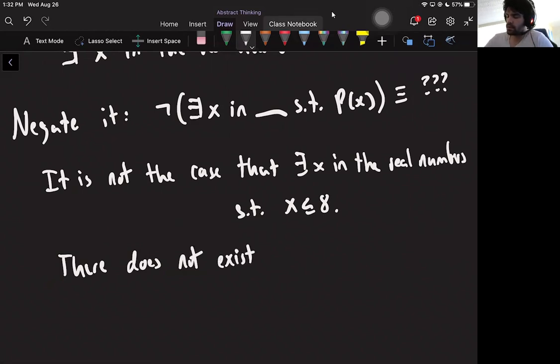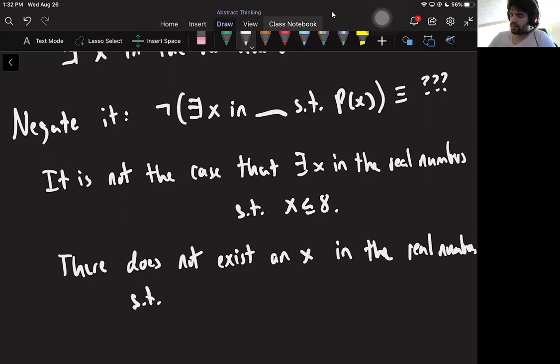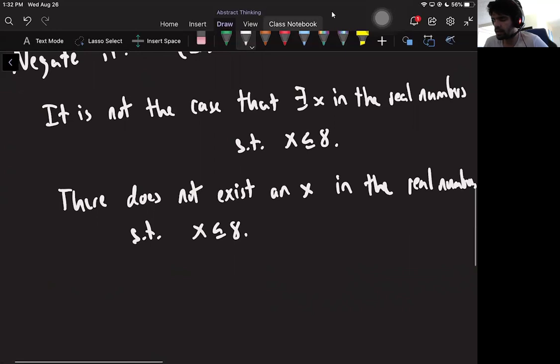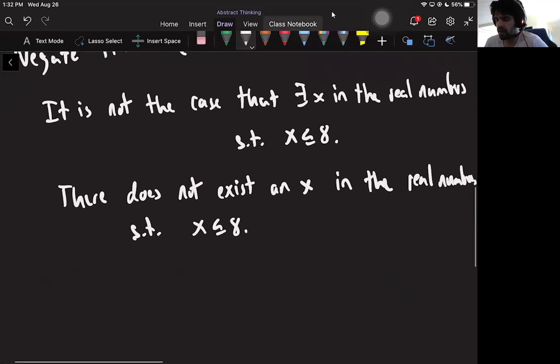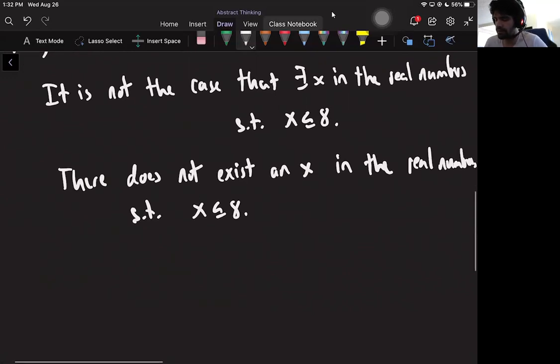So there does not exist an x in the real numbers such that x is less than or equal to 8. The trick is to think about it in another way. This way is sort of natural to say, but the next way is sort of a jump.